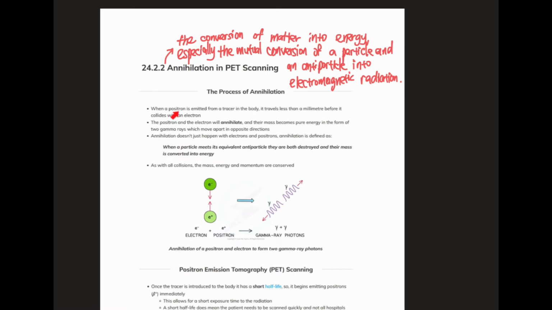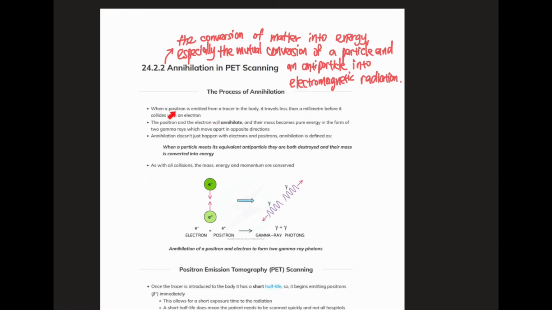So let's see the first point here. When a positron is emitted from a tracer in the body, so the tracer that we mentioned just now, if you still remember, is called fluorodeoxyglucose, where a glucose is combined with fluorine-18.